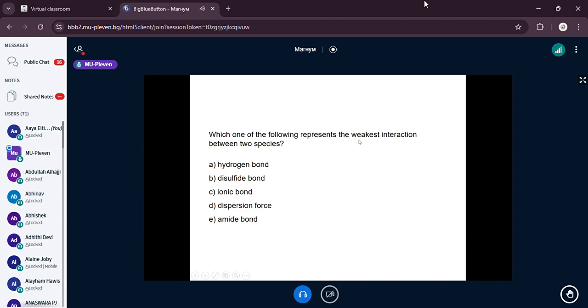Interaction. We already studied many types of bond. Amide bond, I gave you an example. It is the NH-CO bond, which is a kind of covalent bond. What is the correct letter? D, dispersion forces, the weakest forces.